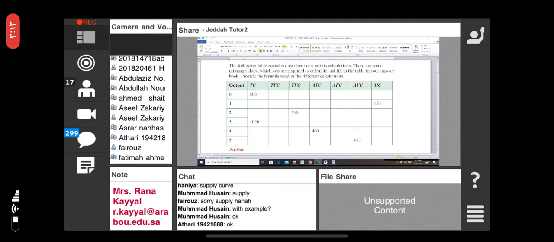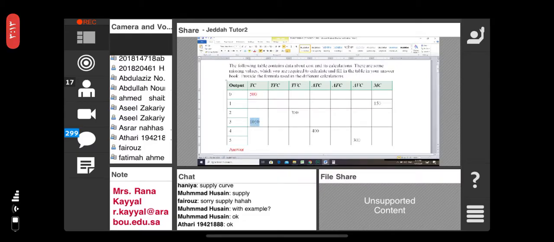The following table contains data about the cost and its calculation. There are some missing values which you are required to calculate and fill in the table in your answer book. Provide the formula used in the different calculations.